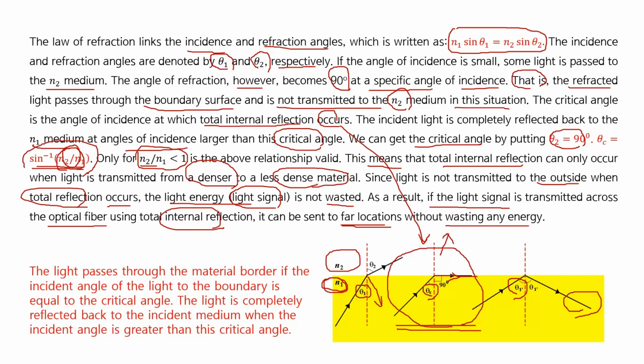The light passes along the material border if the incident angle of the light to the boundary is equal to the critical angle. The light is completely reflected back to the incident medium when the incident angle is greater than this critical angle.